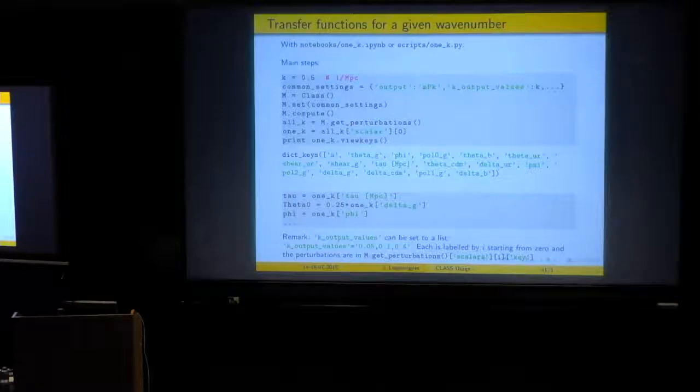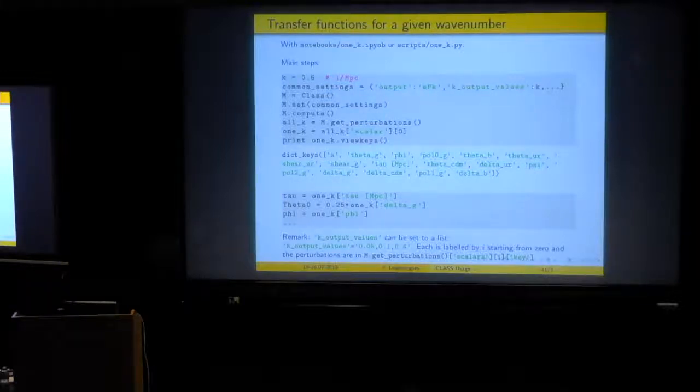1k is still a dictionary, so I will look at the keys inside with the view keys or keys, and I see all the different columns. So now one column is, there should be somewhere conformal time. Yeah, conformal time is here. The corresponding scale factor. And then not all, but the most interesting perturbation.